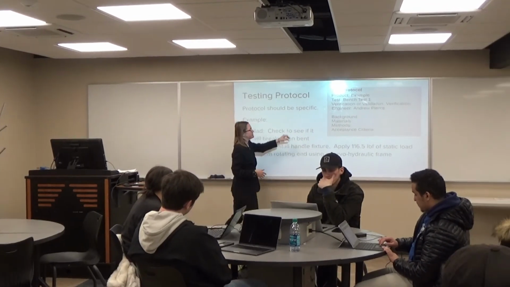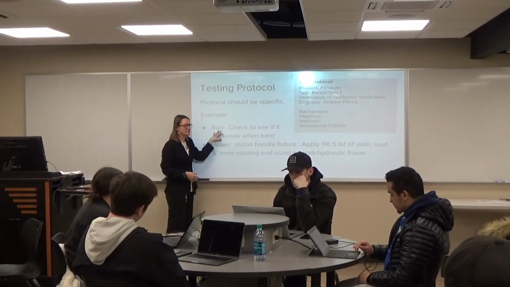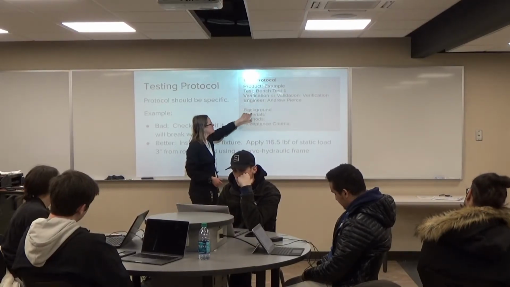What you'll do then is write a protocol to do this test to help you go from something like checking to see if it breaks when bent to this. What you want to do is write down what product you have, give the test a name, say whether it's the verification or validation. So is it a specification or a user need that you're looking to see if you've met? Talk about who would do the test.